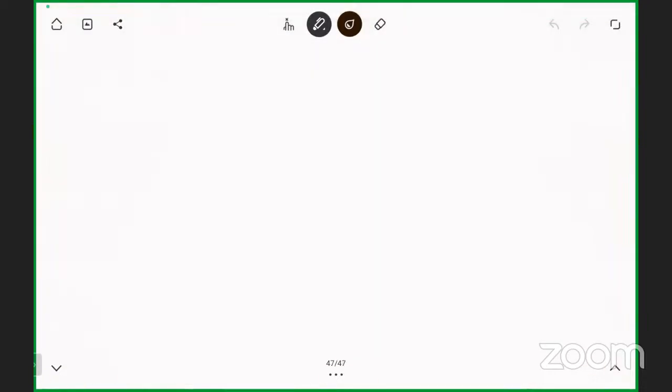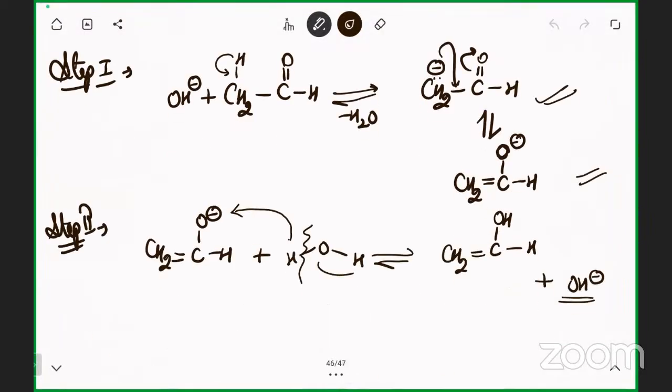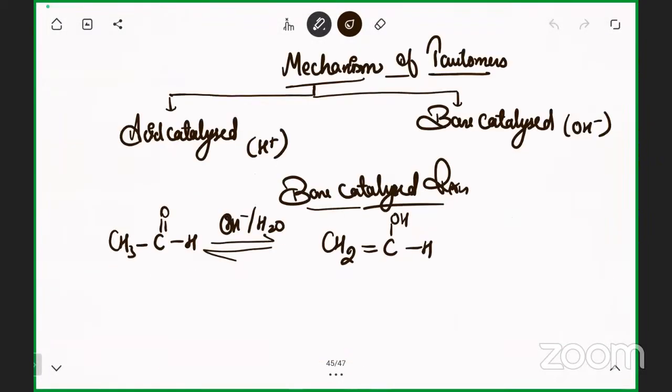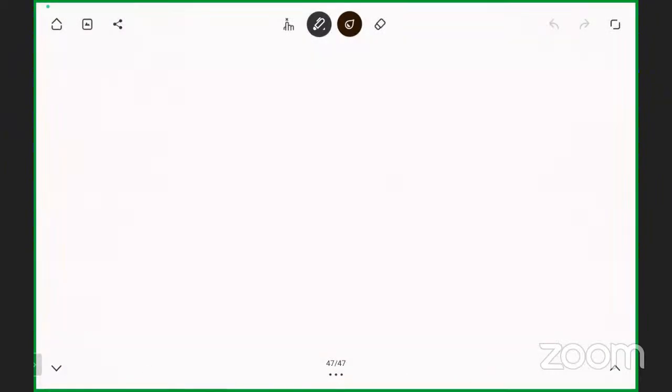Okay, let's move on to the phenol system. Earlier it was the triad system. Now let's move on to the phenol system with base catalysis. So we have one compound.